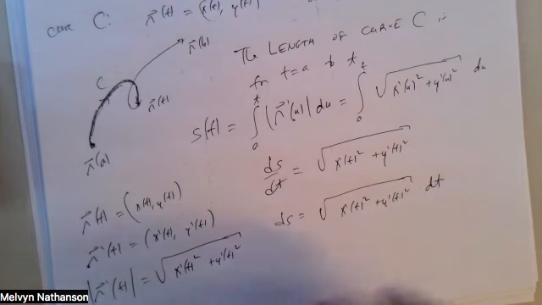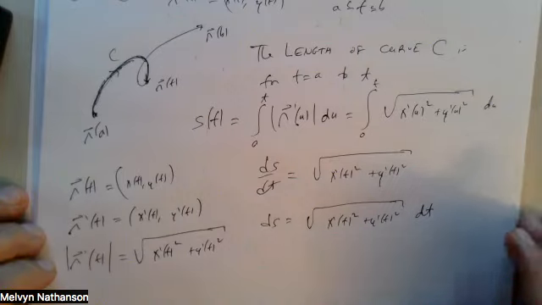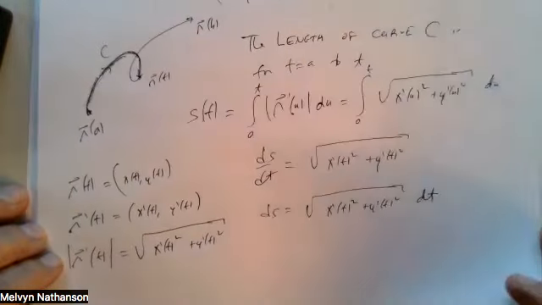So this is just a little summary of how you find the length of any curve. And what we mean by a scalar line integral. So we have a scalar valued function.